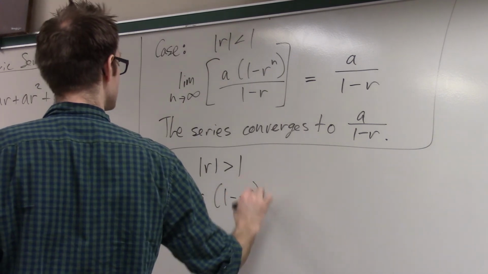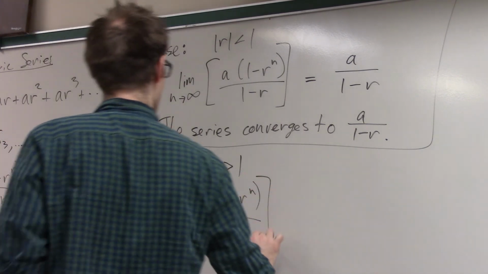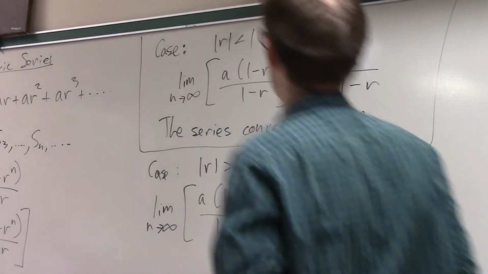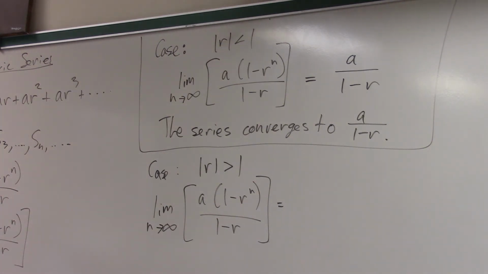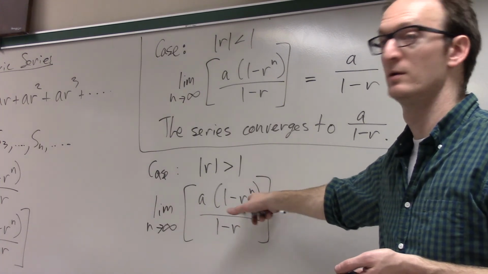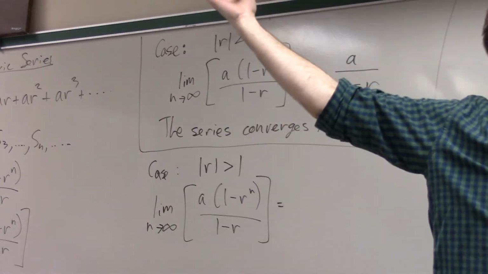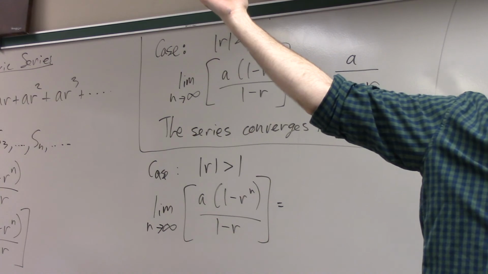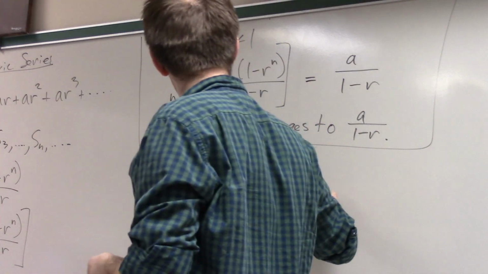We take the limit of the sequence of partial sums and see what happens. What happens if r is a number like 3? This just gets bigger and bigger and grows out of control, right? So there's just no way that this limit exists.